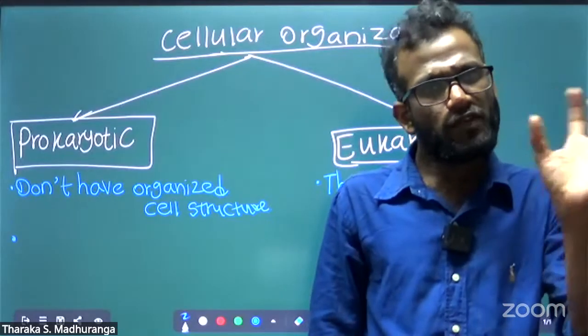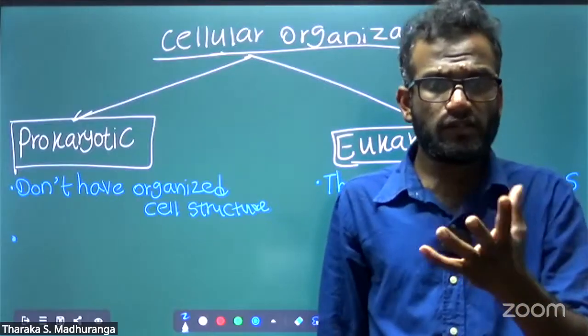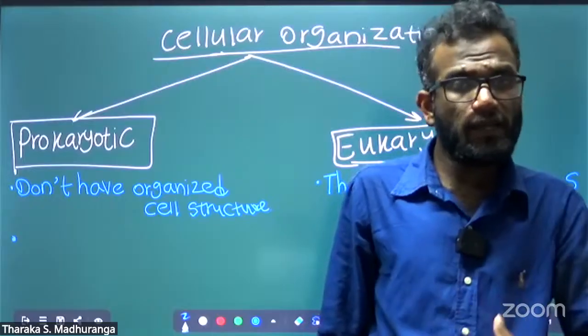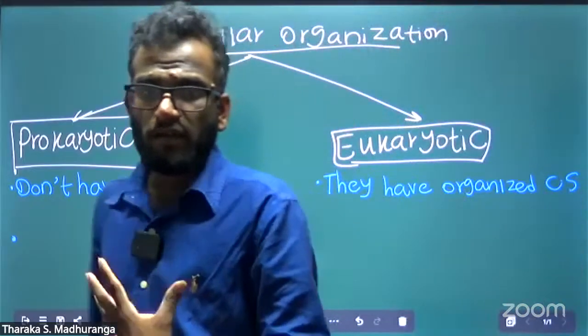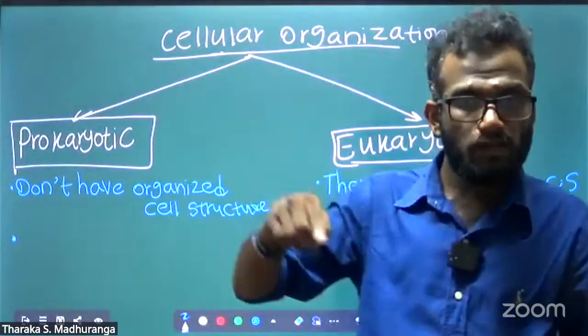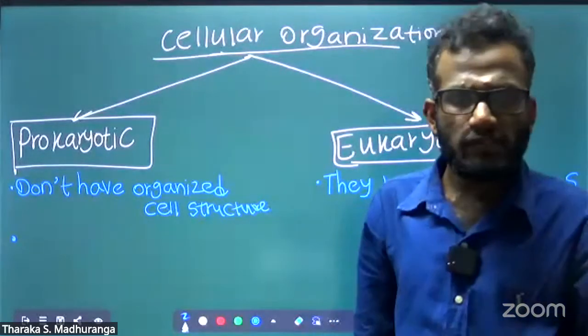Their organelles are very simple, not like eukaryotic. Eukaryotic is comparatively complex. Eukaryotic means like us. Our cellular structure is eukaryotic. We have a lot of organelles, and all organelles are bounded with one or two membranes.